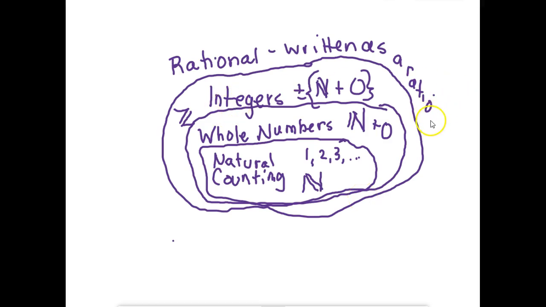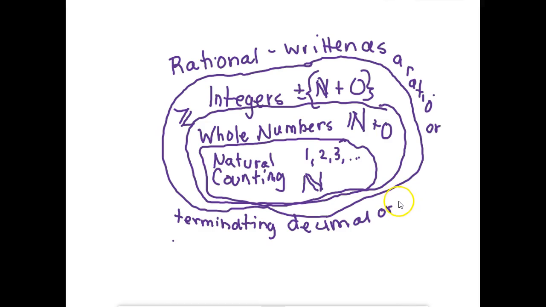It can be written as a ratio, or a terminating decimal, and or a repeating decimal, like 1/3 becomes 0.33333 forever.